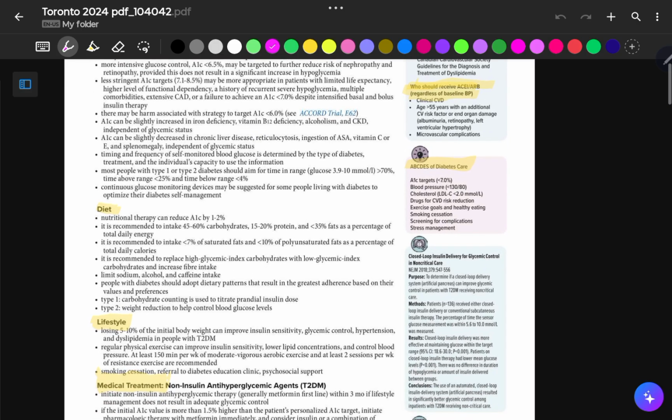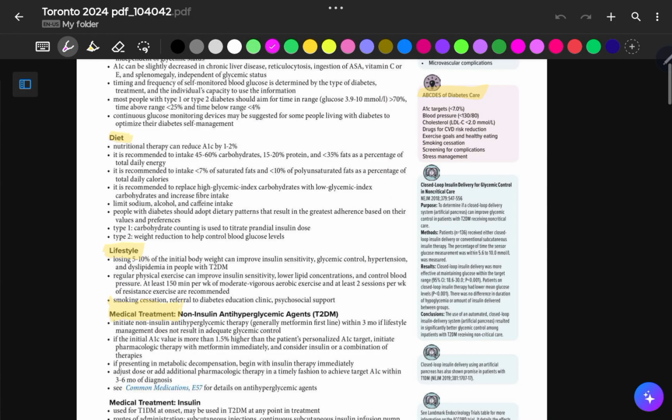All right. The diet. Nutritional therapy can reduce A1C by 1 to 2%. It is recommended to intake 40 to 60% carbohydrates, 15 to 20% protein, and less than 35% fat as a percentage of the total daily energy. All right.